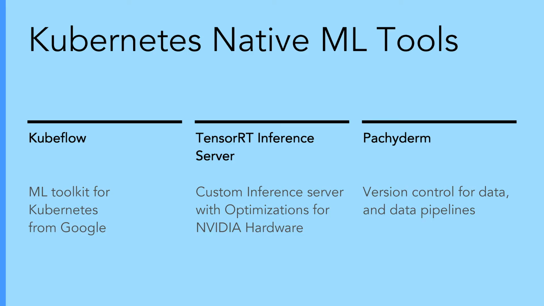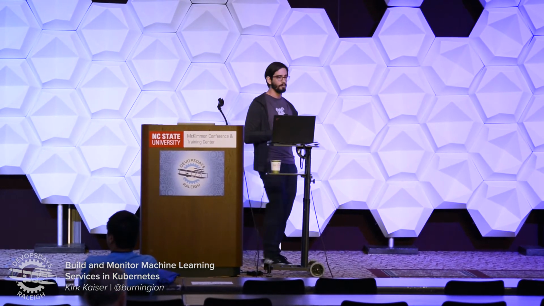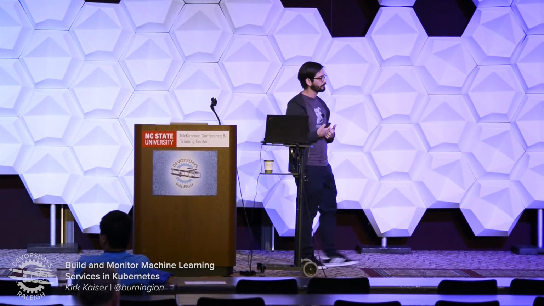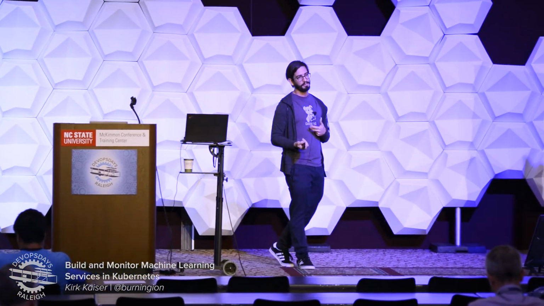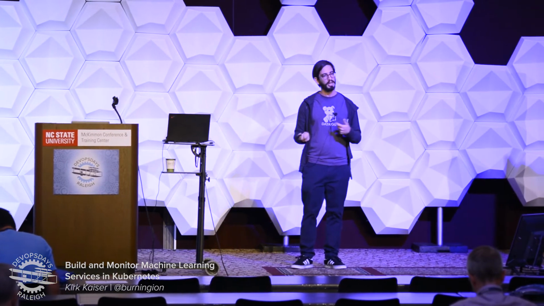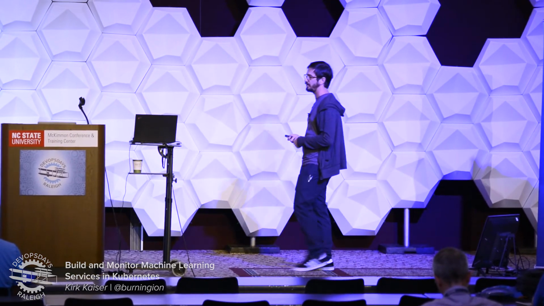And so there's becoming a few Kubernetes native machine learning tools. The biggest one that kind of pops immediately out is Kubeflow. And it's a machine learning toolkit for Kubernetes from Google. TensorRT inference server. So that's like serverless for your trained models. You can just send images directly to it, get back a JSON of what's in the image.